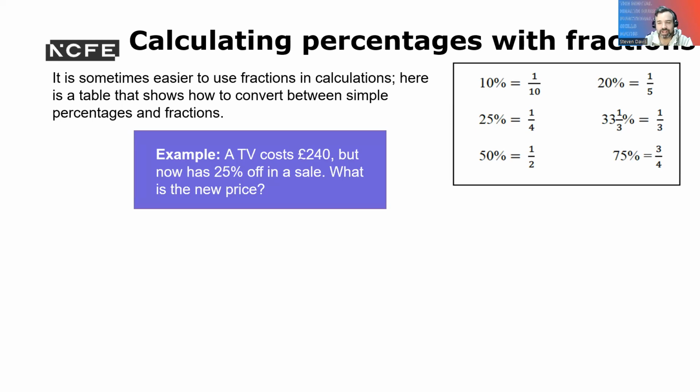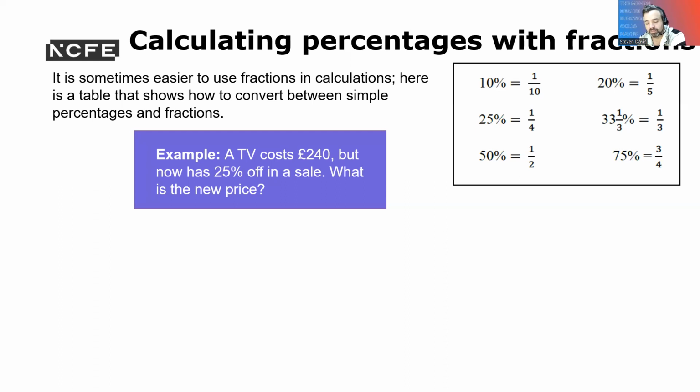So if a TV costs £240 but now has 25% off, what is the new price? Again, we could do 10%, which would be 24, because we just dropped the naught.